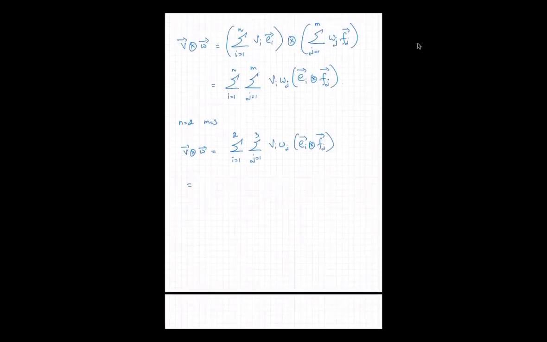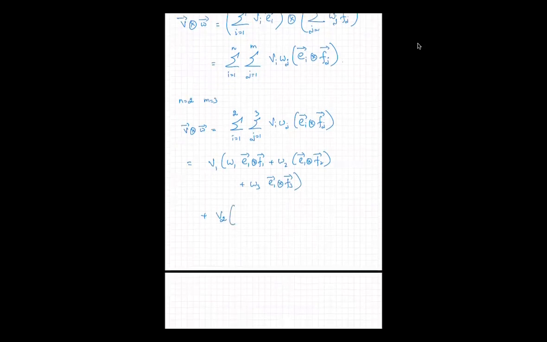First, let me fix i equals 1, so V1, and then I will sum over all three values of j. So I'll have W1 times E1 cross F1 plus W2 E1 cross F2 plus W3 E1 times F3. And then I will fix i equals 2. This is V2 times, and again I'll sum j from 1 to 3.